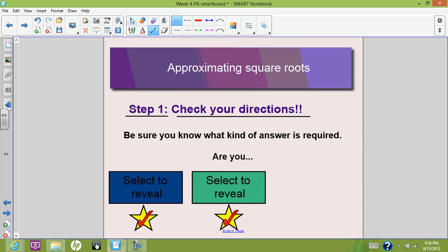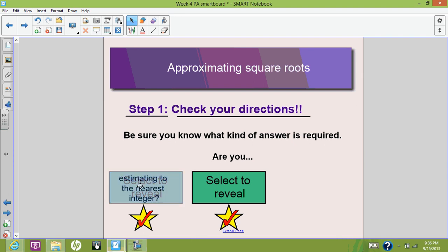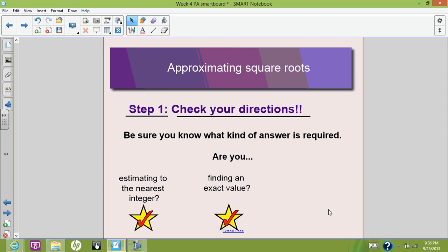And it becomes especially important when you're dealing with square roots because sometimes a question will ask you to estimate the square root to the nearest integer or to the nearest tenth. Other times, a question will ask you to find an exact value. And it's two very different methods for doing these different things. And I have a lot of students make the mistake of not reading the directions and then ending up doing the wrong thing. So step 1, check your directions.